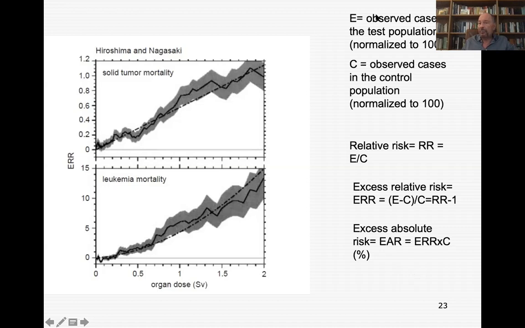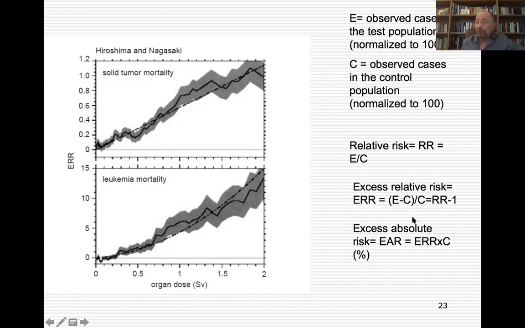If E is the observed number of cases in the test population, so for example, number of cancers among the survivors, and C is the observed cases in the control population, for example, people that were outside or people that received 0 dose or a negligible dose, then the ratio E divided by C is called relative risk. And excess relative risk is simply E minus C divided by C, so it's RR minus 1.